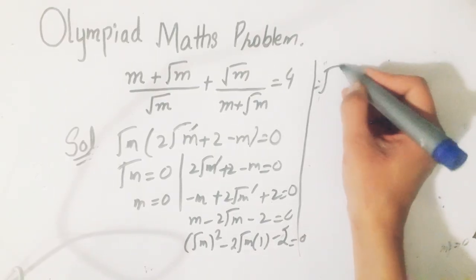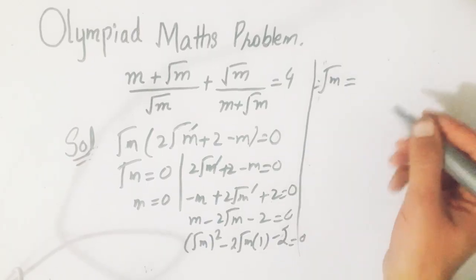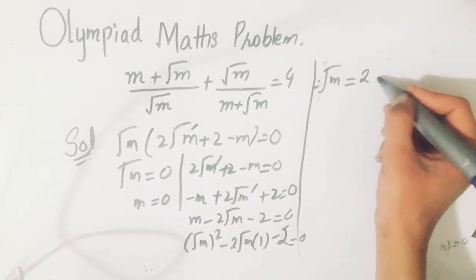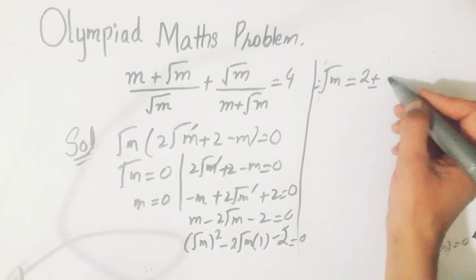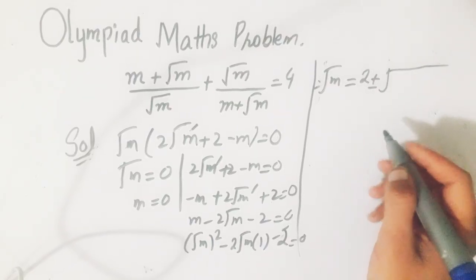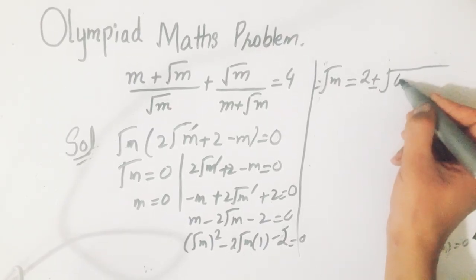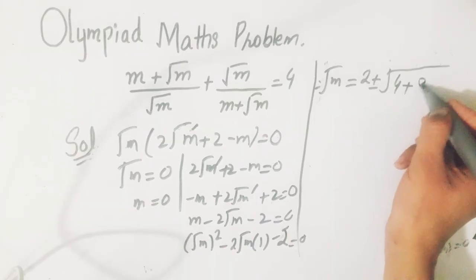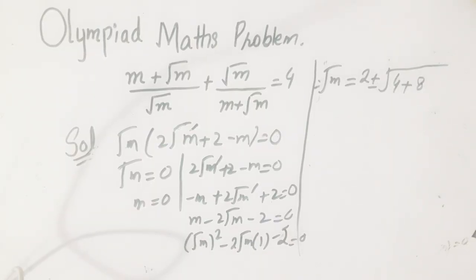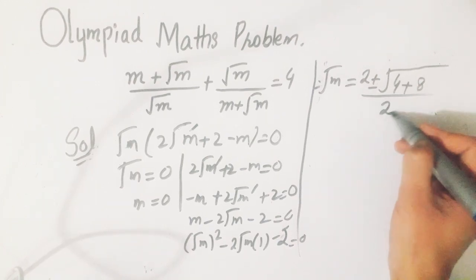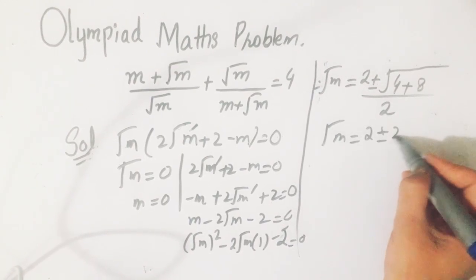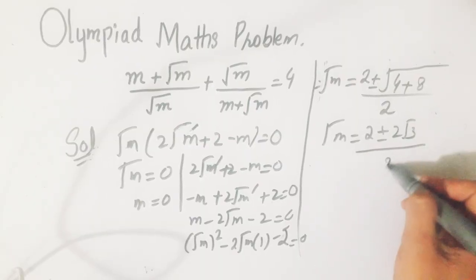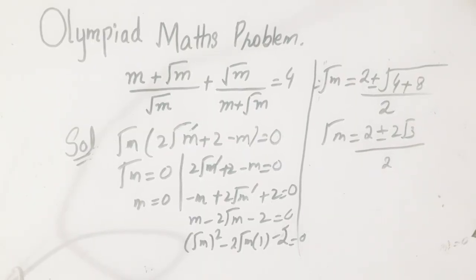So we have root of m equals minus b means plus 2 plus minus 4 plus 8 and divided by 2.